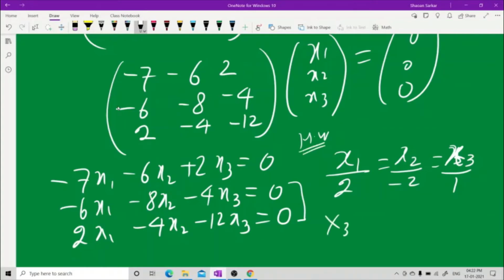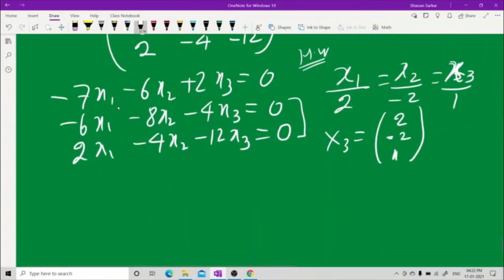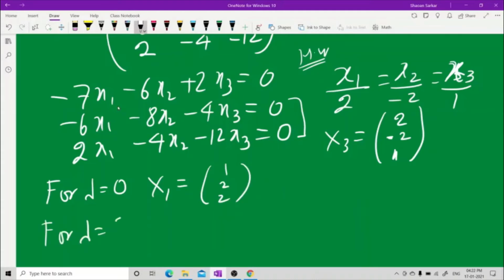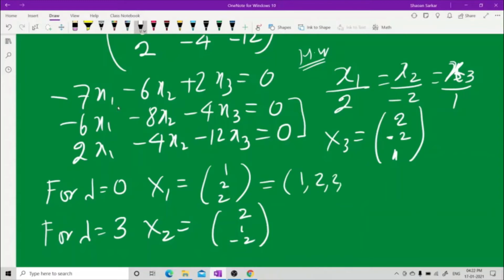Now your third vector is 2, minus 2, and 1. Now you found these vectors. For lambda 0, you got x1, that is 1, 2, 2. For lambda equal to 3, you got the vector x2 as 2, 1, minus 2. This can be written as 1, 2, 2 transpose, and 2, 1, minus 2 transpose.